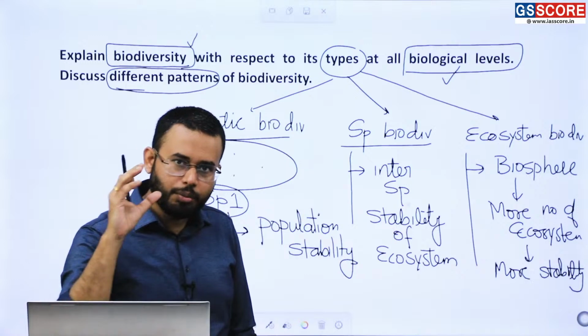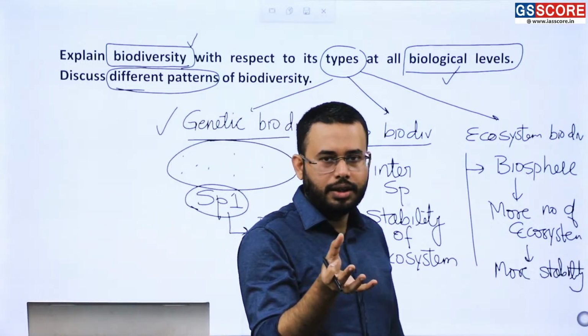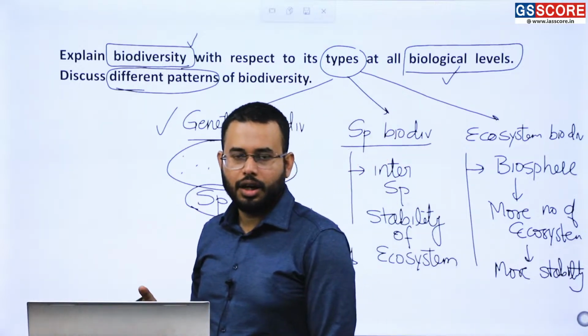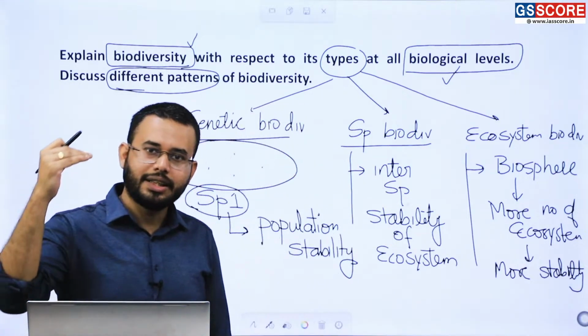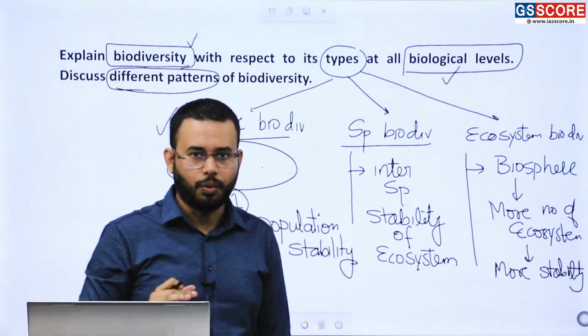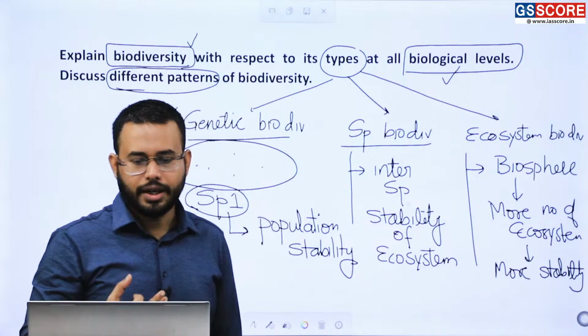So you will find more biodiversity in the equatorial region and less biodiversity in the polar region, and gradually with increase in the latitude the diversity of biodiversity comes down. So that is latitudinal gradient.